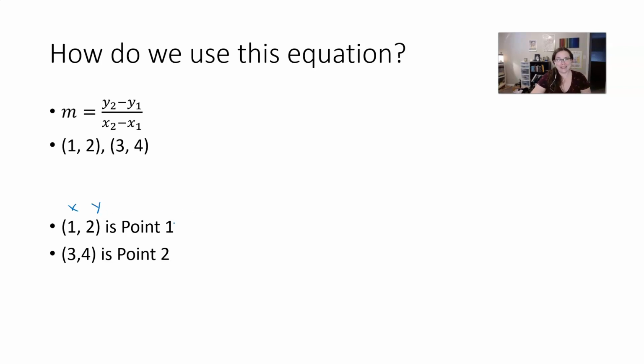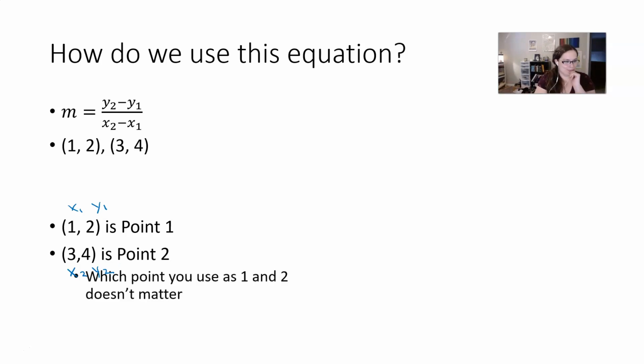And when we say x1, we mean x of the first point. y1 is y of the first point. For your second point, your x is going to be x2, and your y is going to be y2. So that's how I'm going to plug my numbers in. And which point you call 1 and 2 doesn't matter. It works whichever way you go.